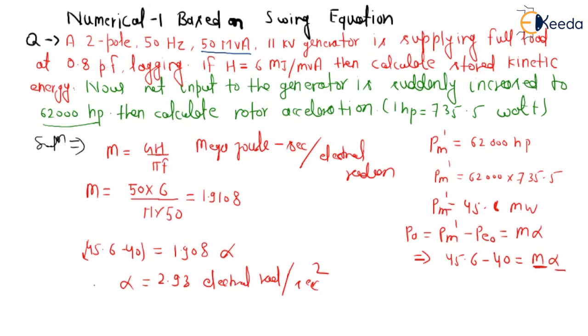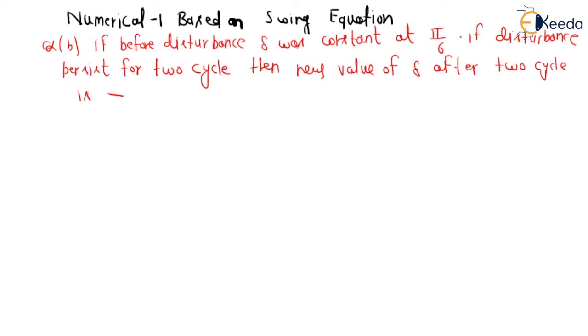Now I am going to write one continuation of this question. So let us see the continuation: if before the disturbance delta was constant at pi by 6, and the disturbance persists for 2 cycles, then the new value of delta after 2 cycles is?